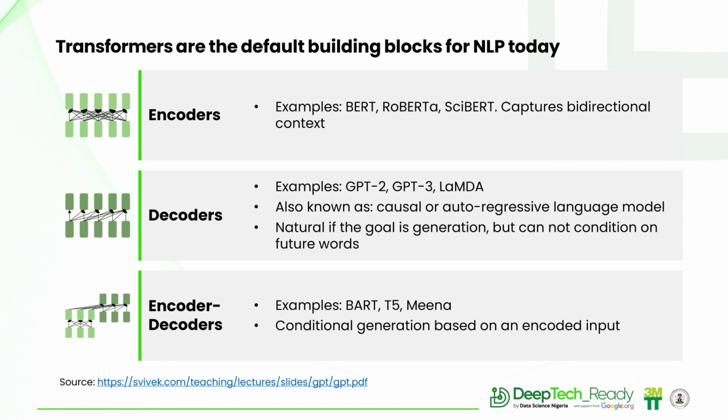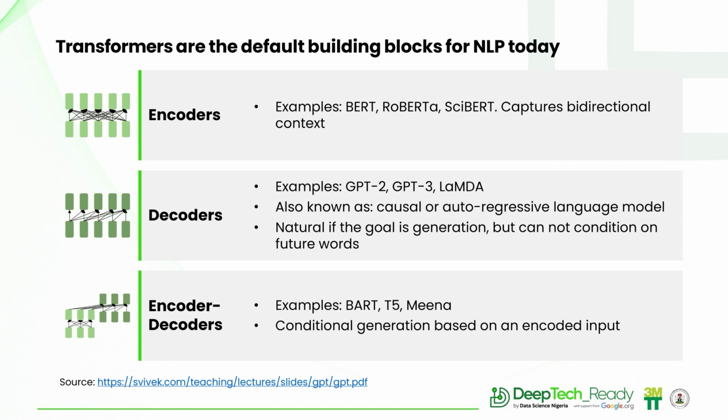Moving on to decoders, for example, the GPT series, which fall into this category. These are also called causal or autoregressive language models. The key feature here is that they generate text one word at a time, predicting the next word based on previous ones.